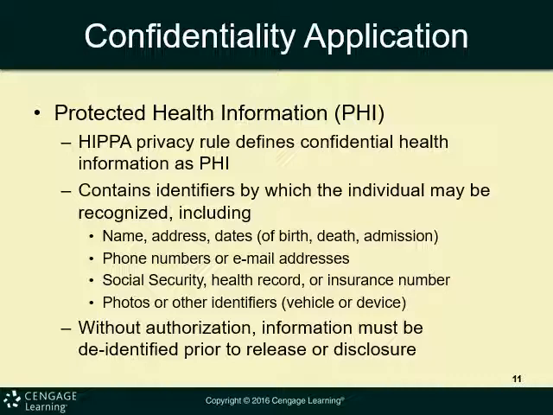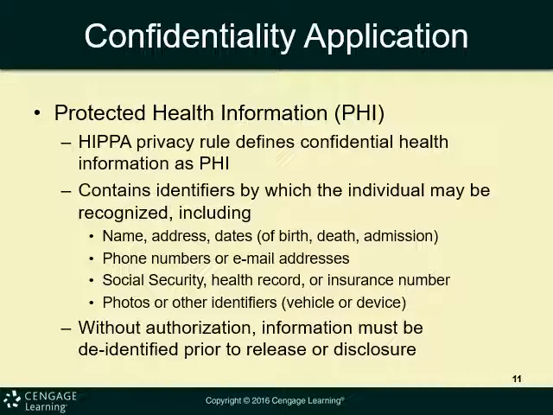These identifiers include name, address information, dates that include birth, death, admission, discharge, or any other data that indicates the individual's age, telephone number, fax number, email addresses, health record number, social security number, account numbers, vehicle identifiers, IP addresses, facial photographs, biometric identifiers, and any other unique identifying number, characteristic, or code.